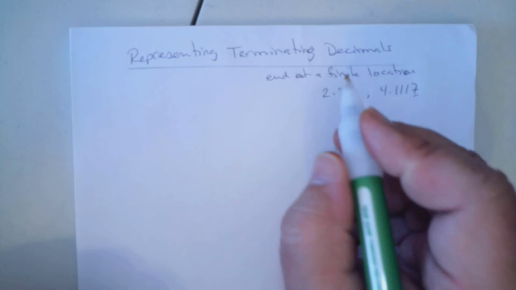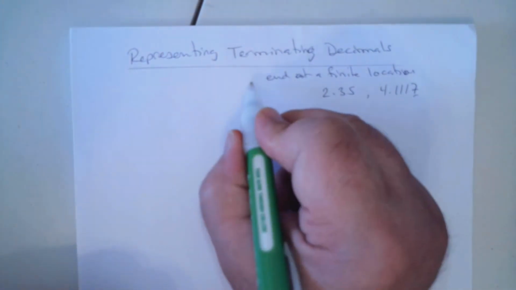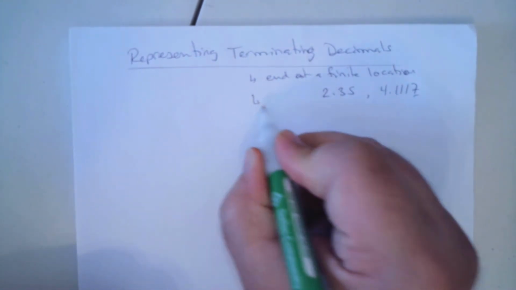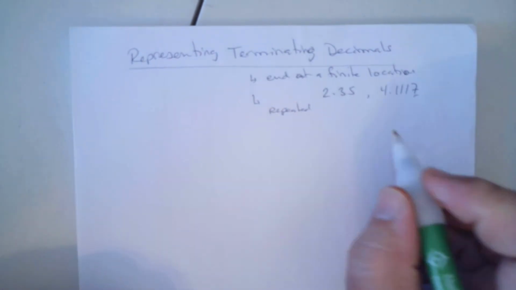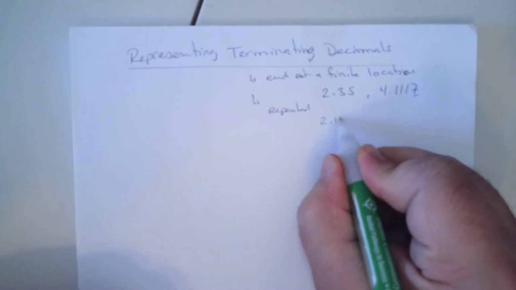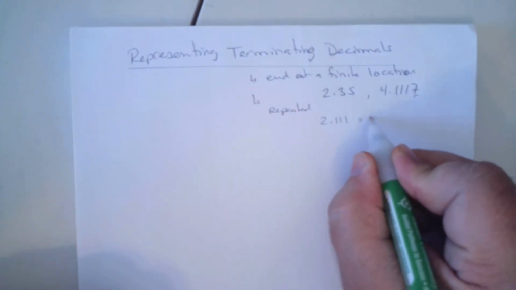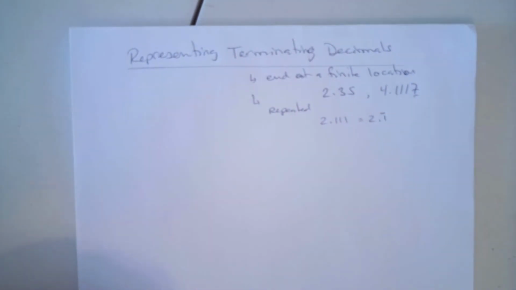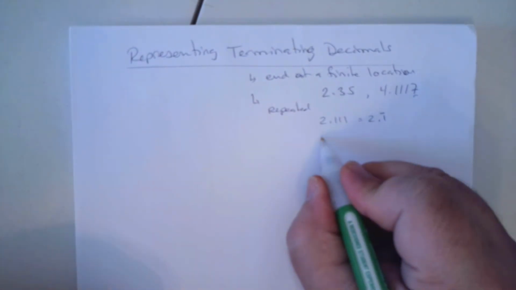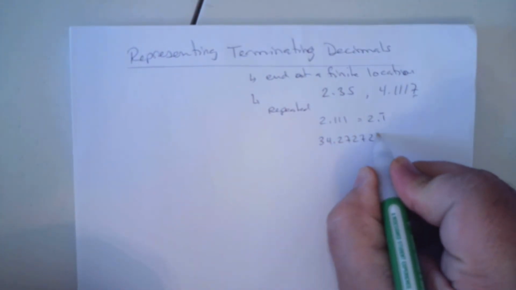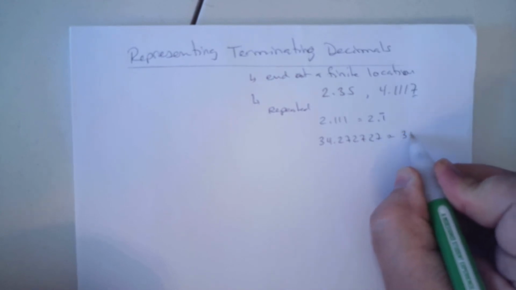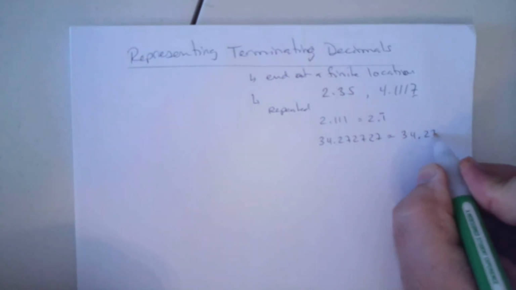Or if it's terminating, it can be repeated. Like 2.111. It keeps on going, so we write that 2.1 bar. 34.272727 would be 34.27 with a bar.